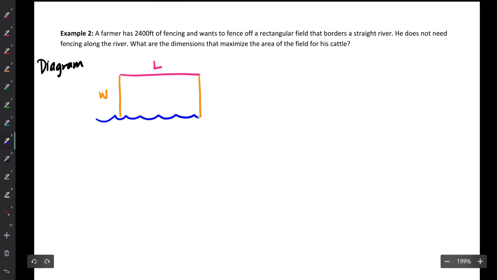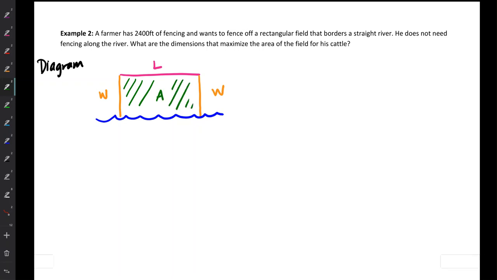And here's my river. Right? And here's my grass. This is the area.